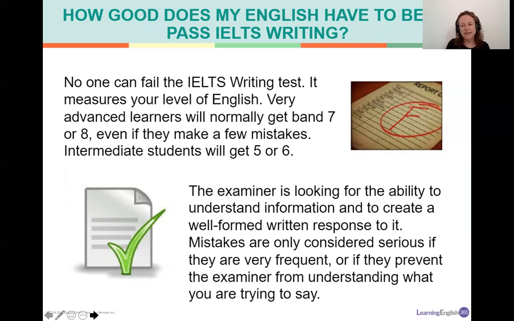And in truth, very advanced learners will normally get a 7 or an 8, even if they make a few mistakes. Okay, we're all human, and we can make mistakes in anything we do. And generally an intermediate student might get a 5 or 6.